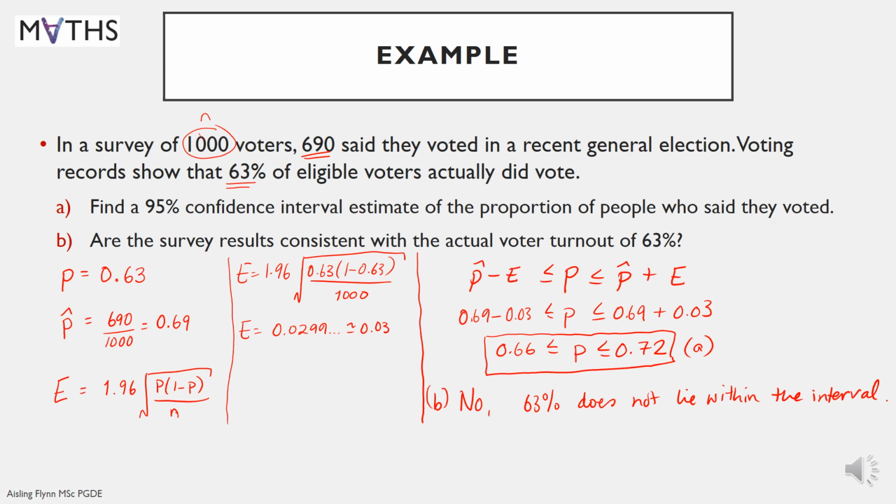What might be a reason for that? It could just be random, in which case you'd have to carry out many more questionnaires and take many more samples. And if you took enough samples, then it should agree with 63%. Or the other possibility is maybe some of the 690 people were not telling the truth. Maybe they didn't vote at all. And so that's that example for you.